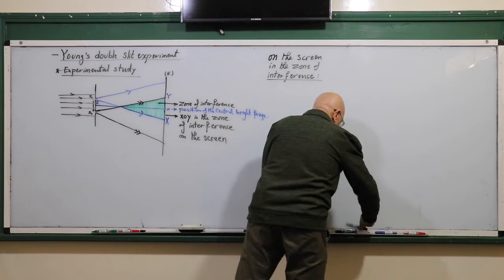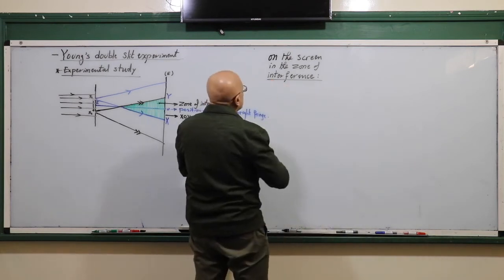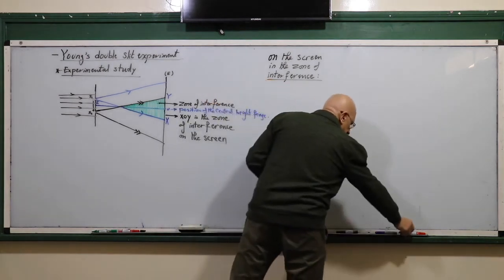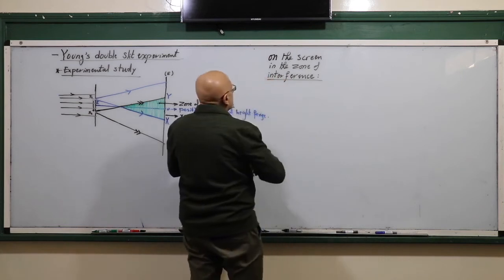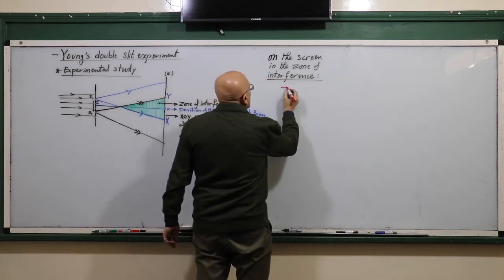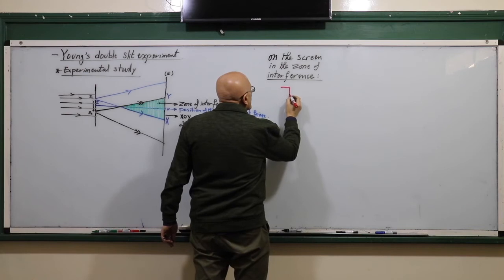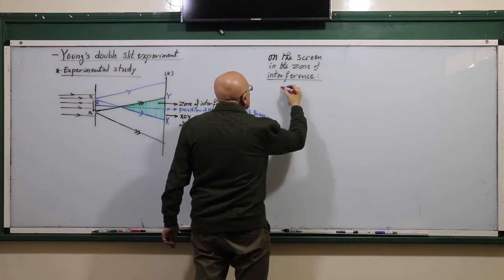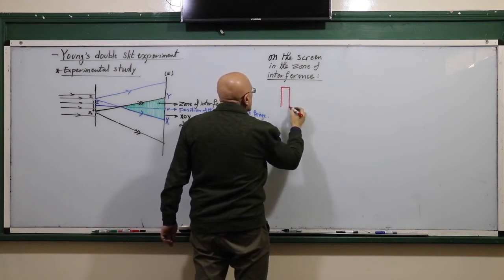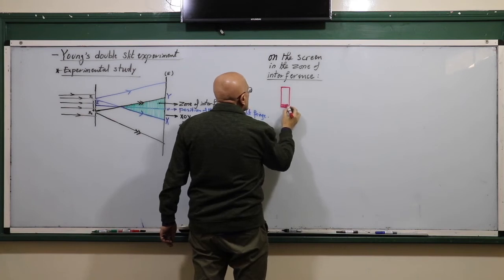This is the bright fringe, as you see in the figure on the board.